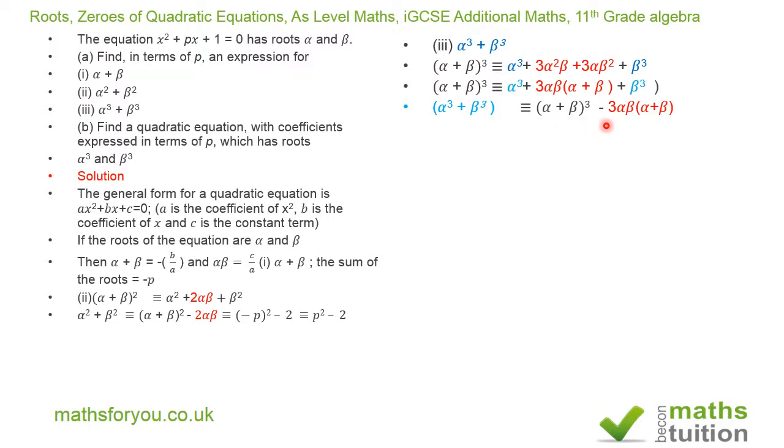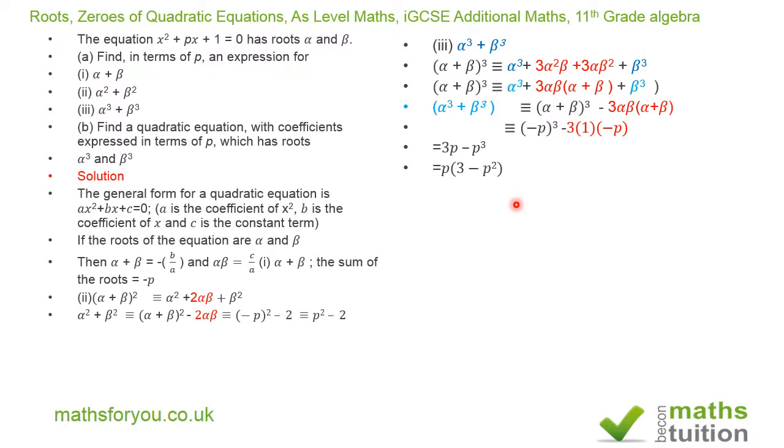So we've got minus p cubed minus 3 times 1 times minus p. So this leg will give us plus 3p, and that's going to give us minus p cubed. So now alpha cubed plus beta cubed becomes 3p minus p cubed.